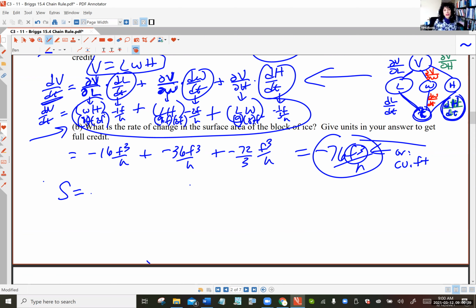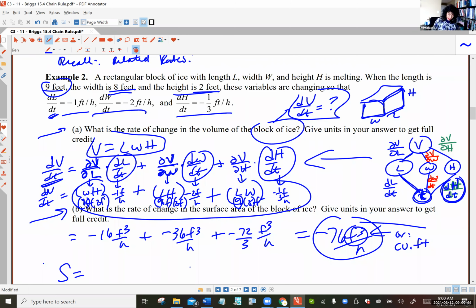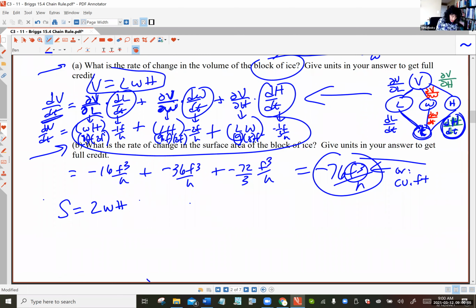You should know how to find the surface area of a rectangular box. The surface of the front face would be W times H, but there's two of those faces. You've got to account for the back side. So that's going to be 2WH. And you do the same for all the other faces. You're going to have 2LH plus 2WL.